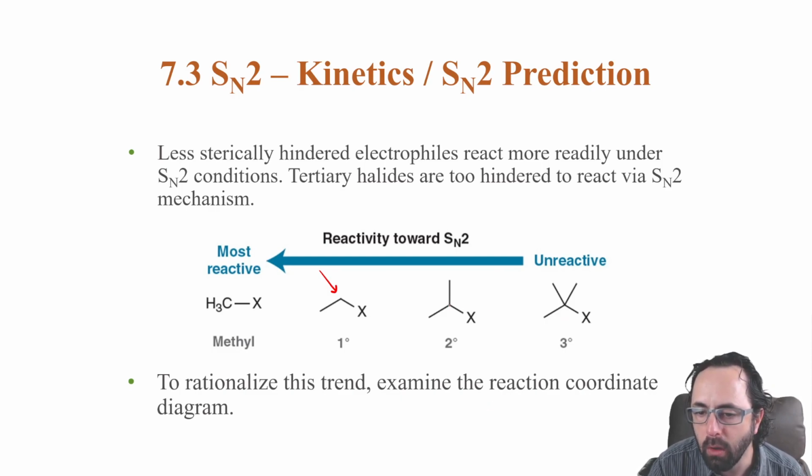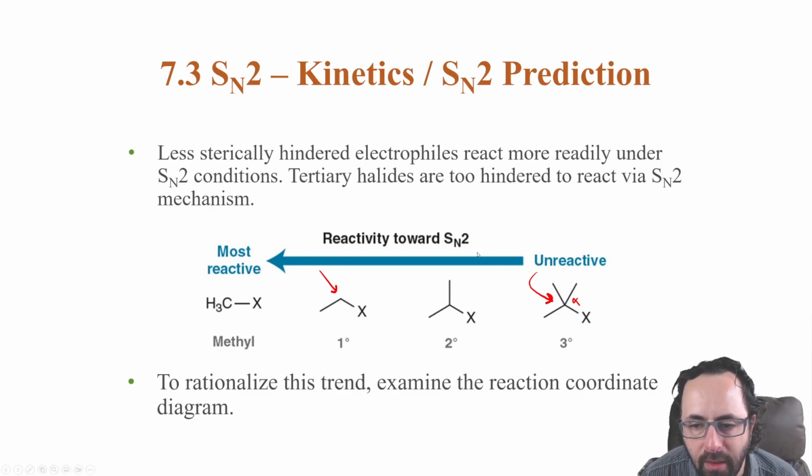However, the more and the larger substituted groups we have on the alpha carbon, meaning the carbon attached to the alkyl halide, the more steric hindrance or blockage there is for the nucleophile to come in and attack. And so in terms of SN2 reactivity, tertiary alkyl halides are quite unreactive. Secondary depends on the conditions, and primary and methyl are the most reactive in terms of SN2 mechanism.